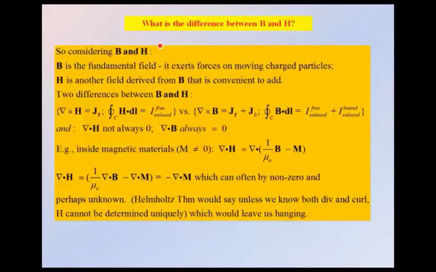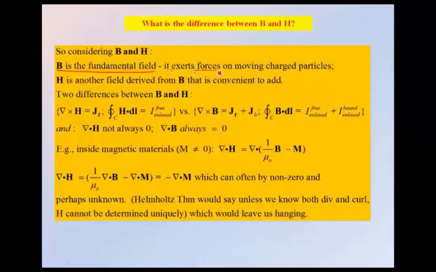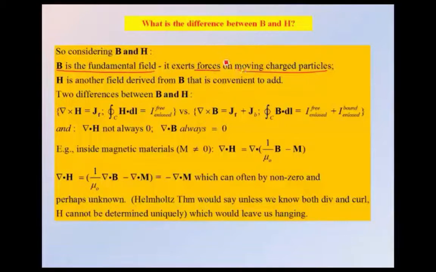Looking at the difference between these two, the first thing is we put a lot more emphasis on this field here and consider it fundamental by the fact that it exerts forces on moving charged particles, which is where we started in terms of the behavior of B.